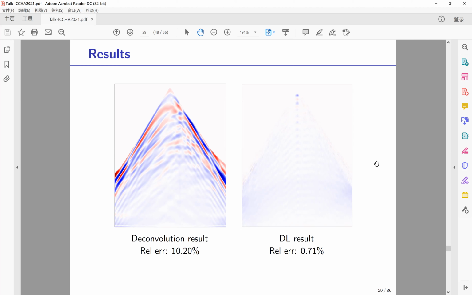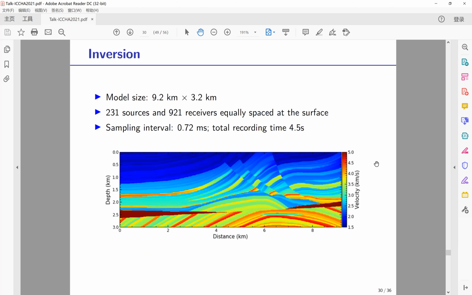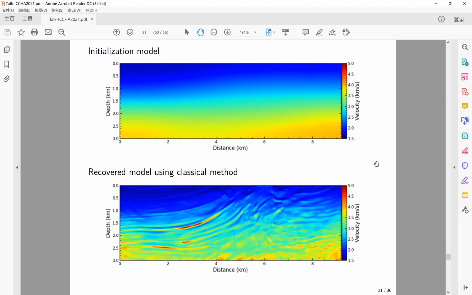In the end, our goal is inversion. We want to reconstruct our true image, or true model. So we tested the inversion performance. This is our initialization. The bottom is the result from the classical approach, where I directly solve the least squares problem with the adjoint state method.